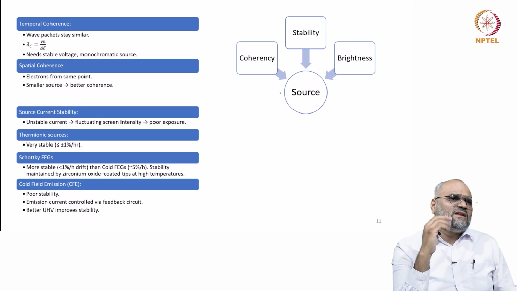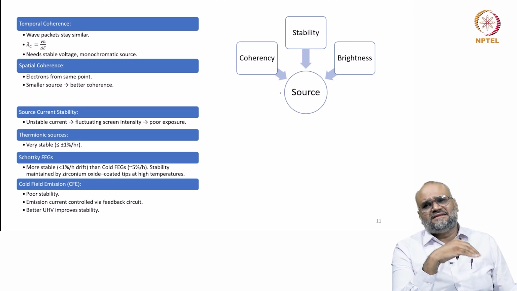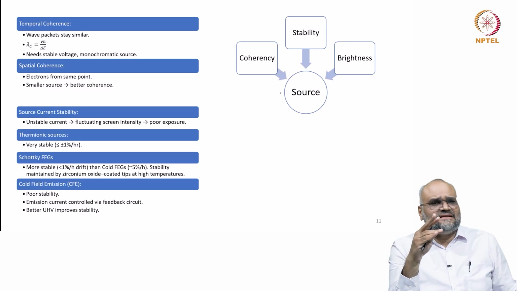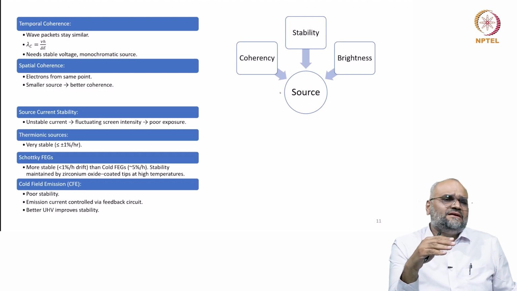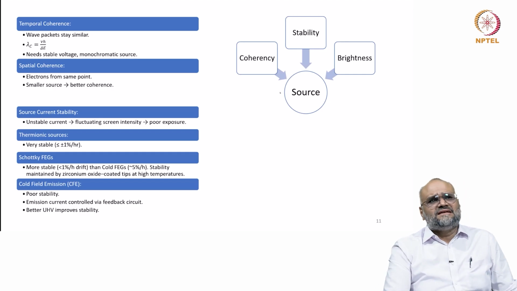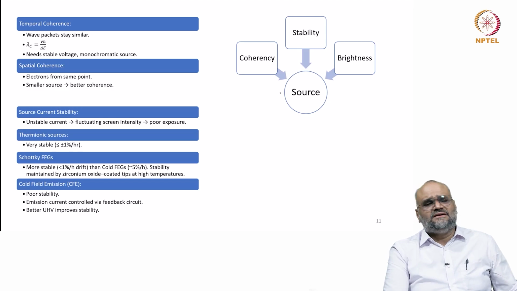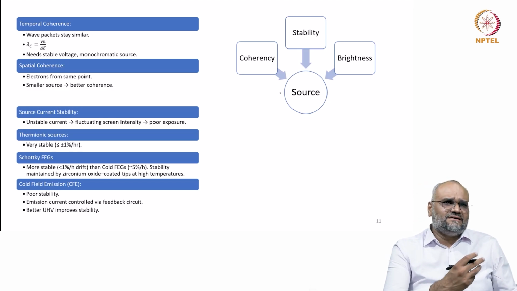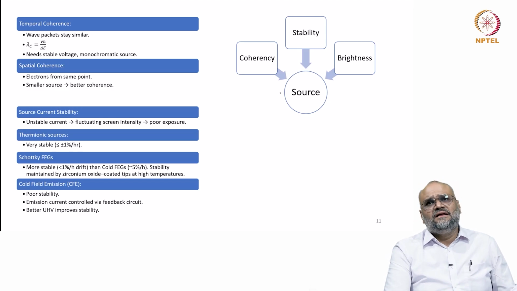In thermionic emitters, you can switch on the source and then shut down the source after operation, and multiple cycles of turning on and off still don't damage your filament or the lanthanum hexaboride crystal. The thermionic emitters are stable but have poor coherence.